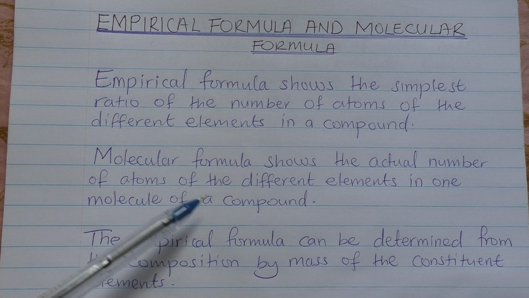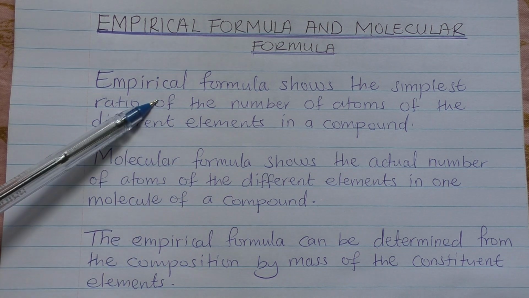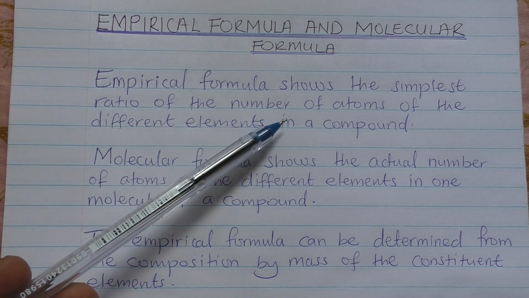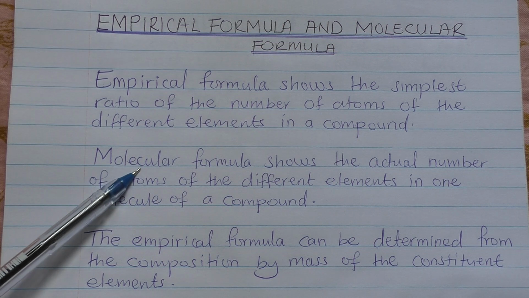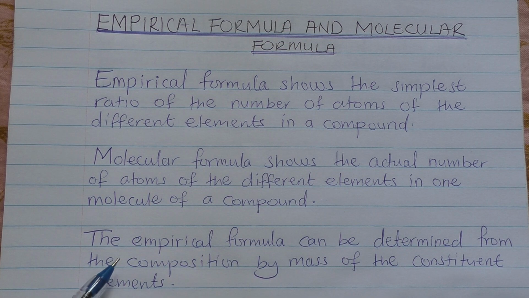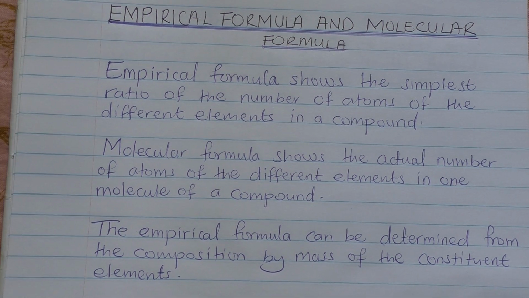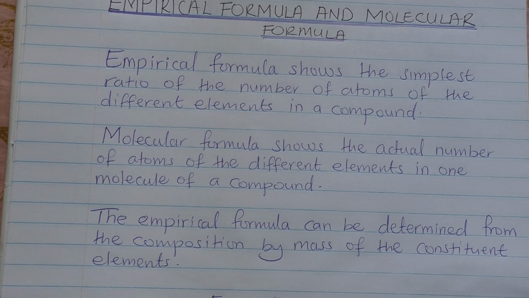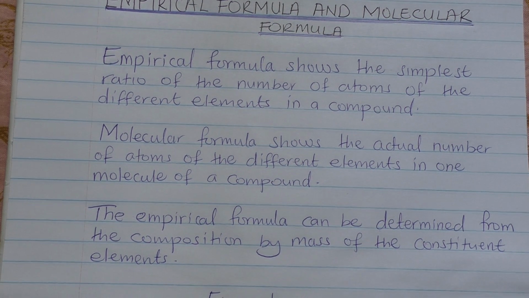So that's the difference between the two. Empirical just shows the simplest ratio, whereas the molecular formula shows the actual number. And the empirical formula can be determined from the composition by mass of the constituent or individual elements that make up the compound. Let us look at examples.